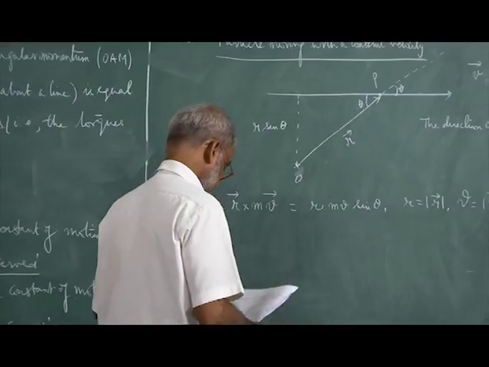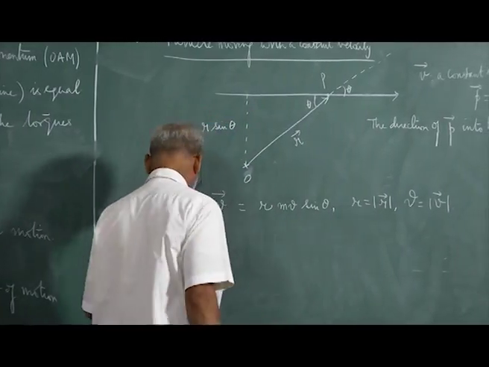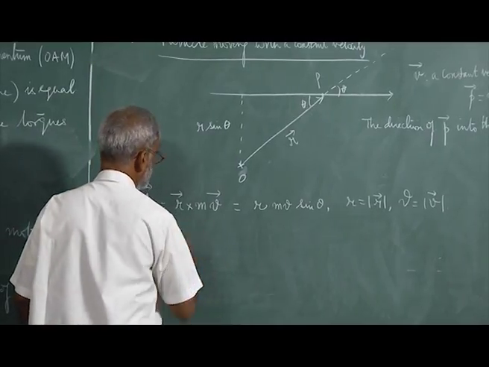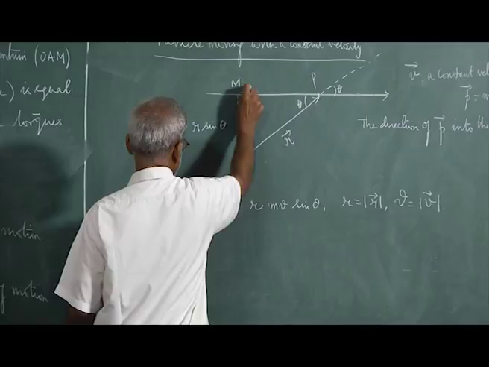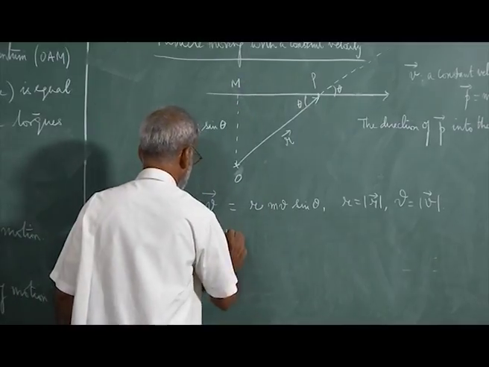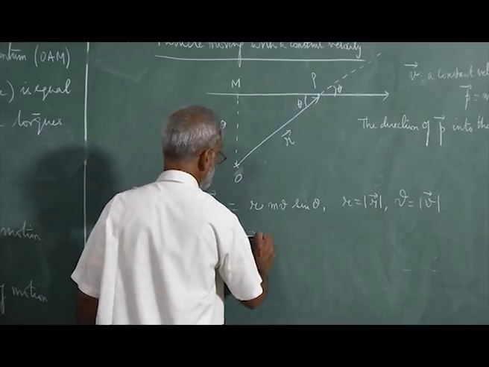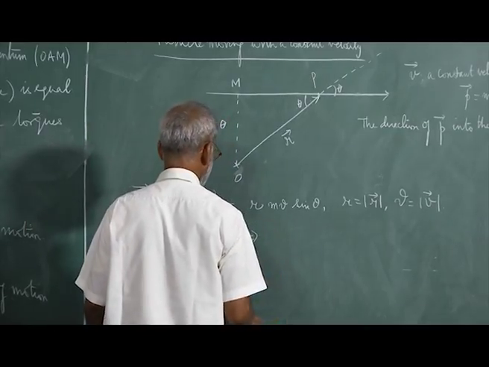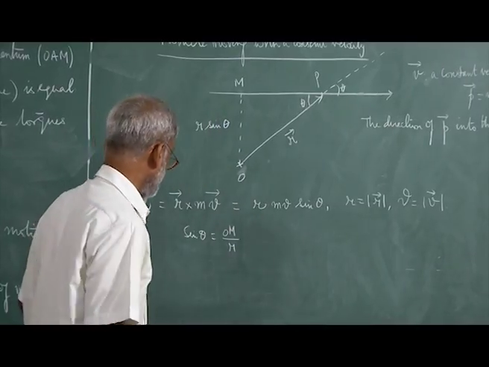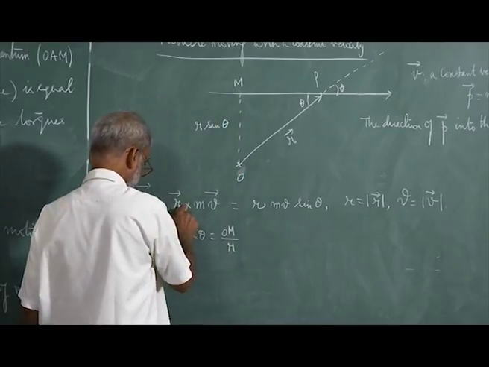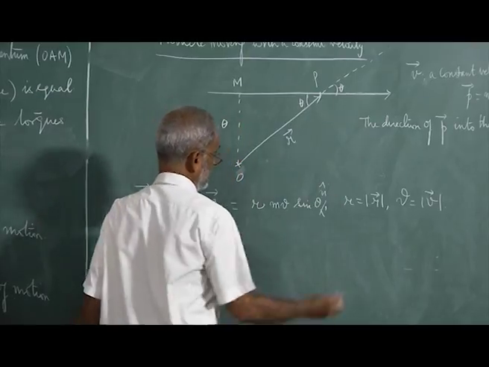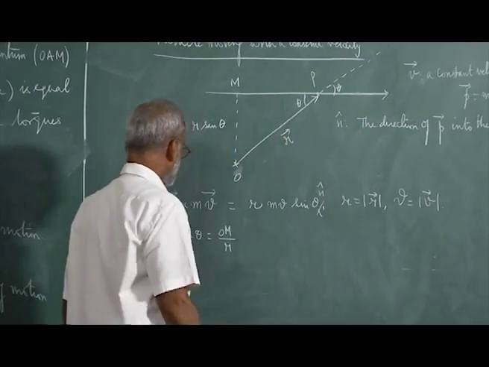Now, as the particle moves along the straight line, what is Om? I will call this m, let us say sin theta is equal to Om divided by r. Sorry, I have not indicated the direction, this is a vector, if I simply write this is not correct, this is the direction, okay, fine.